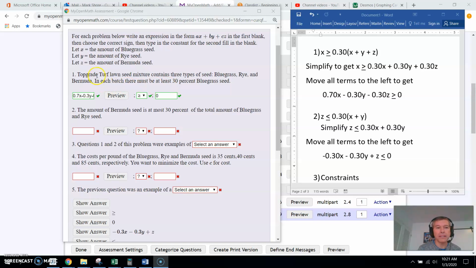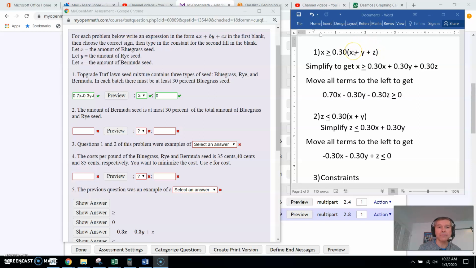We'll see that here again. So top grade turf lawn seed mixture contains 3 types of seed, and in each batch there must be at least 30% bluegrass seed. So the amount of bluegrass seed must be at least 30% of that bag. And what's in the bag? Well, the x, y, and z.